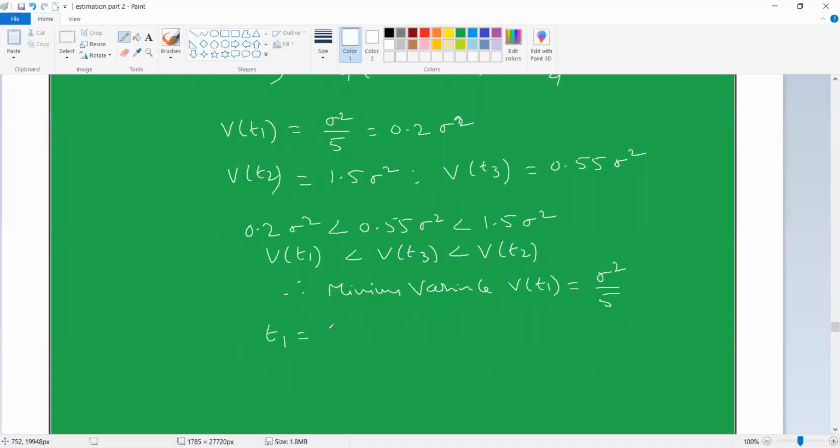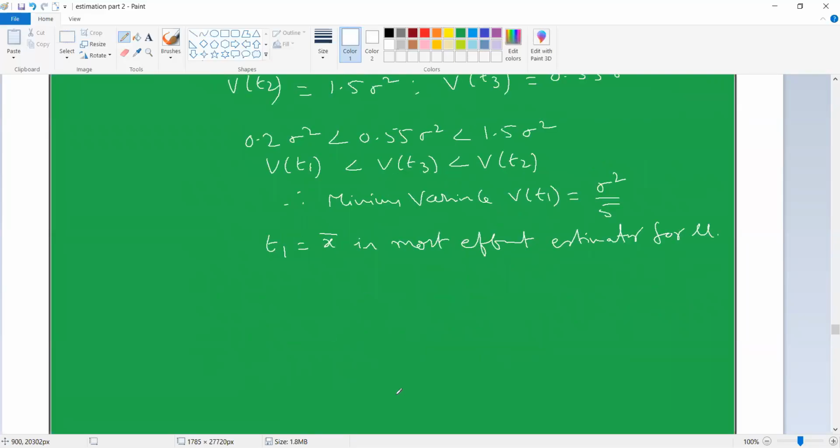T1 is equal to X bar, sum of observations by number of observations, so T1 is the most efficient estimator for mu here. No need to take all these procedures; directly you can go to this. Our statistic is the same as the sample mean, and definitely the sample mean is the most efficient estimator for mu.